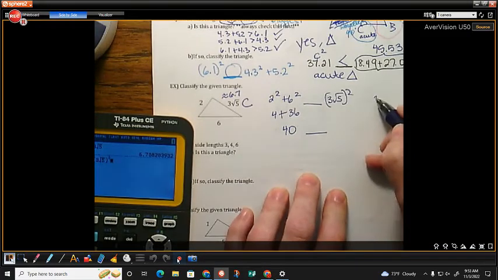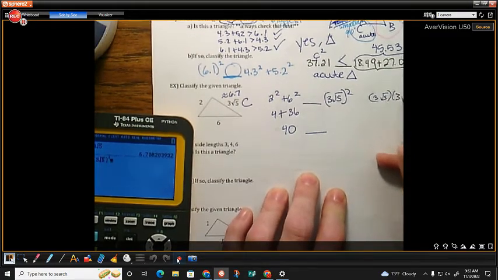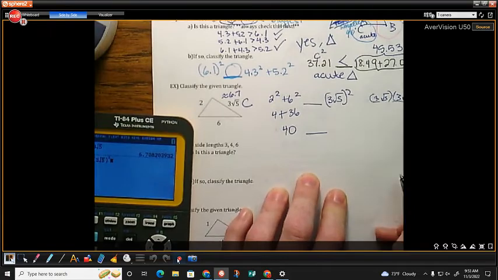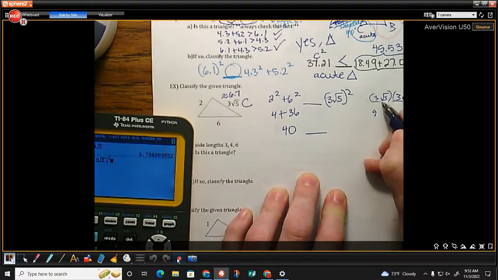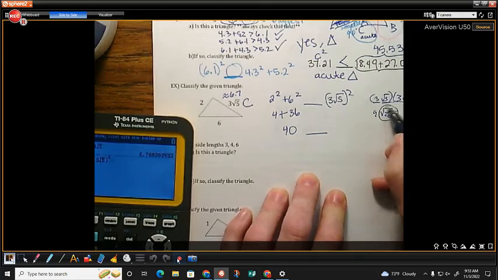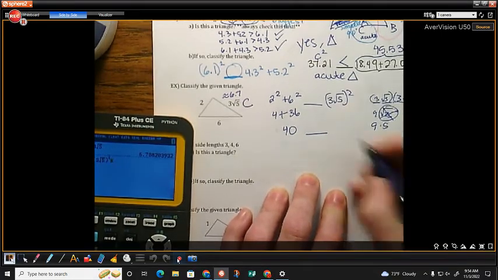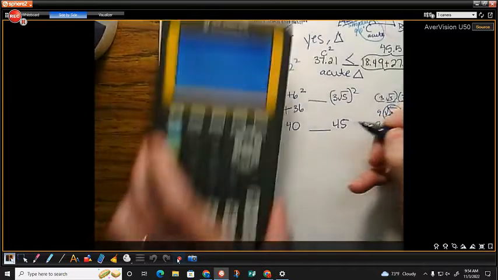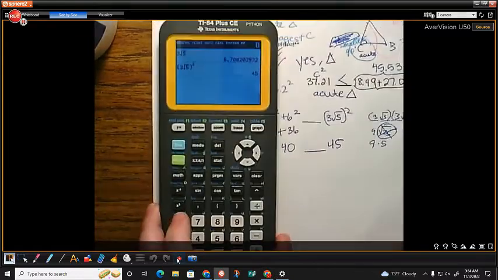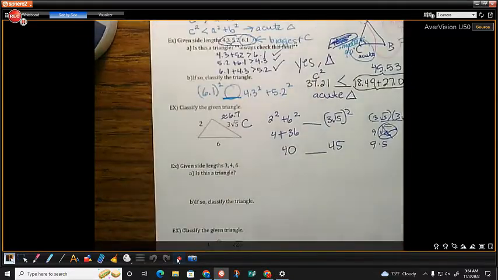You could do 3 root 5 times 3 root 5. What's 3 times 3? 9. What's root 5 times root 5? Root 25, which is 5. Times 9 is 45. Let's see what the calculator says. Oh, look, it says it's 45 as well. So you get the same thing.